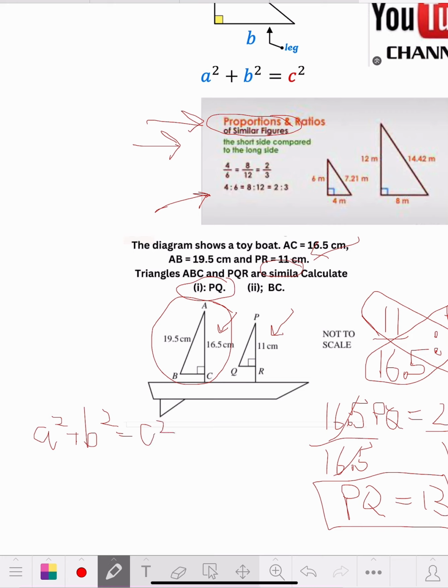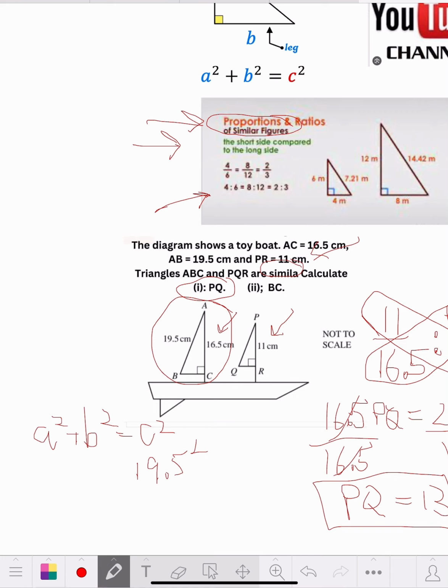So we wrote the formula down, and we can be looking at it the whole time we're trying to solve this. The hypotenuse is 19.5 squared, correct? So we'll fill in the blanks for a, b, and c.